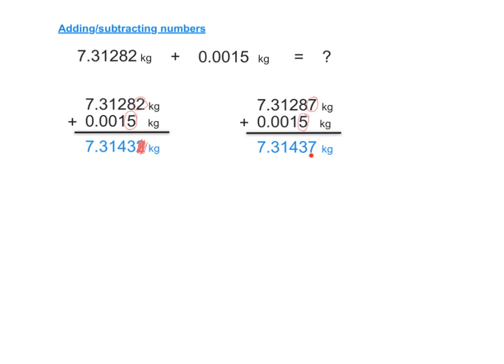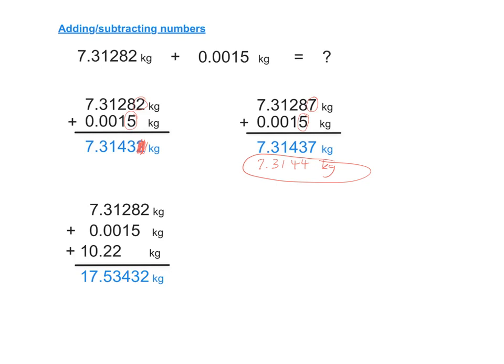But notice that the number next to it is a 7. So we're going to round this up, and we would write this as 7.3144 kilograms. This would be our final answer expressed to the correct number of significant figures.